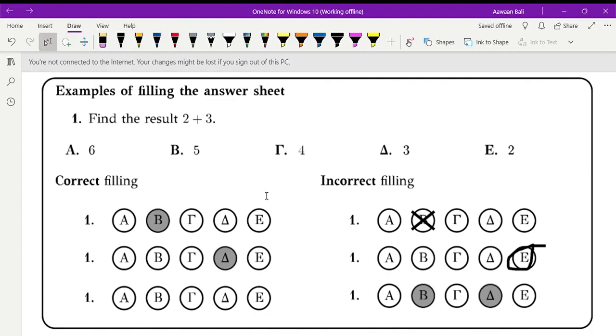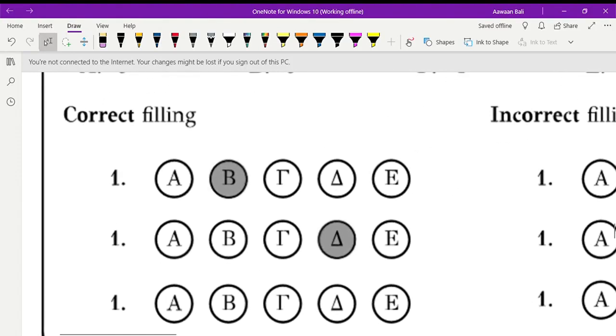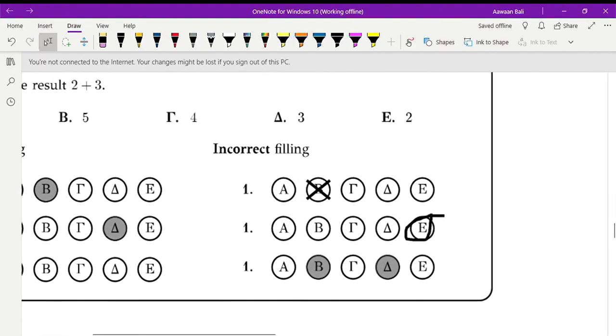Basically you're going to have to shade in the correct answers. So here are examples of the correct filling. You could shade in this answer, or this answer, or you could shade in none if you have no idea. But there are no multiple answers normally.